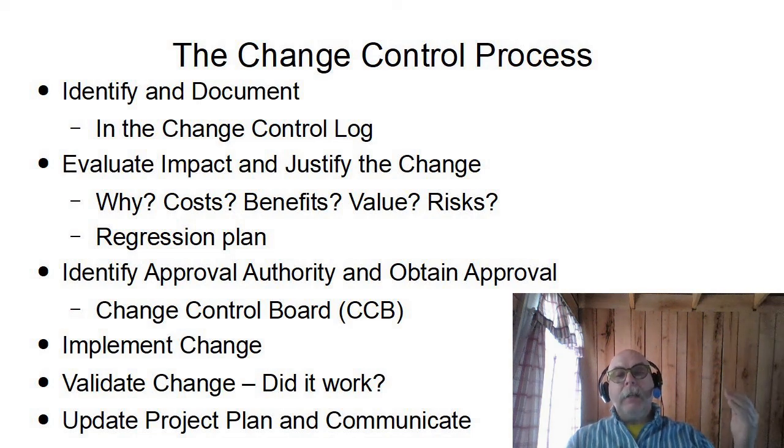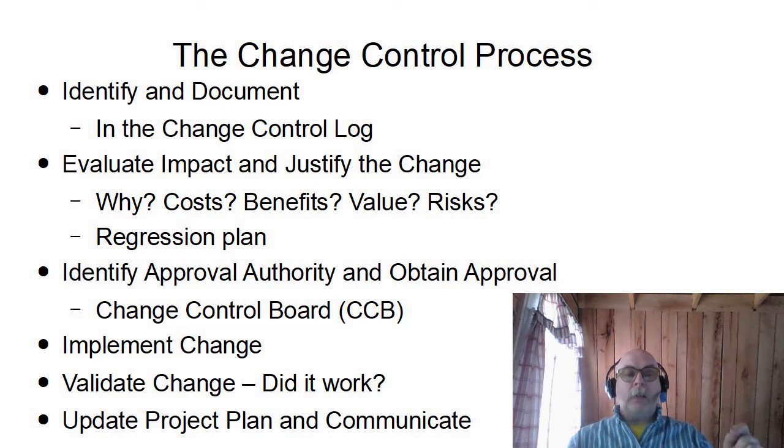Once we've identified and documented, evaluated the impact, and can justify the change, we need to figure out who is going to approve the change, who gives us authority to allocate additional resources, change the work breakdown, change the schedule, change the cost, all of those kinds of things. And then we have to obtain that approval. We can't make a change willy-nilly.